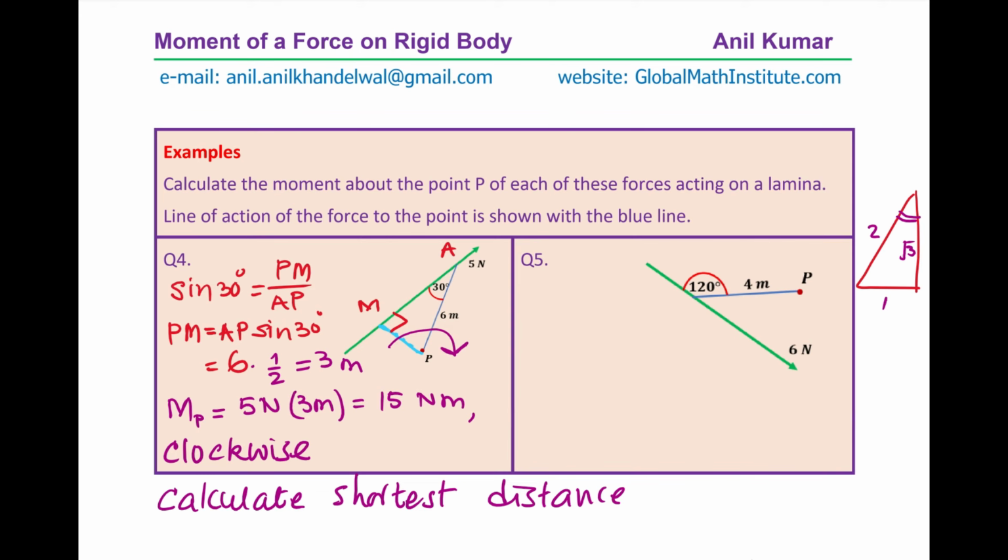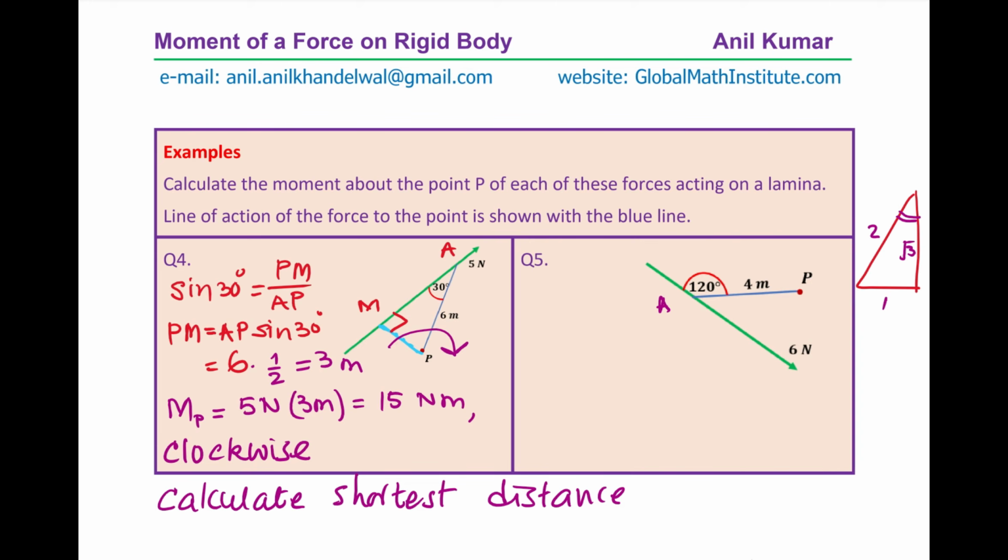So I hope this is absolutely clear. Now here is question number 5, where again we have given you a diagram where a force of 6 Newtons is being applied and the line of action of the force through the point P is shown at an angle of 120 degrees. And the distance from this point, let's say this point A, is given to us as 4 meters. Now in this particular case, you need to find the moment due to the force of 6 Newtons about the point P. How are you going to do it?